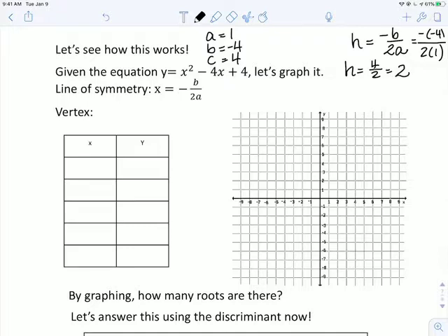And then the way to find your k is to take that 2 and plug it into the original quadratic. So x squared minus 4 times x plus 4. And I'm going to just plug that into my calculator to make it a little bit faster.